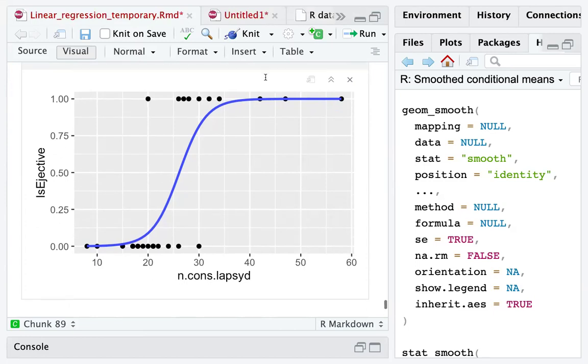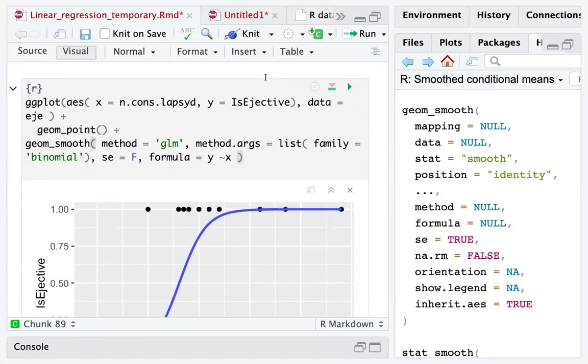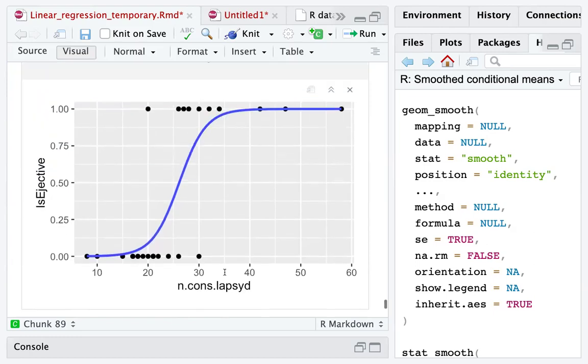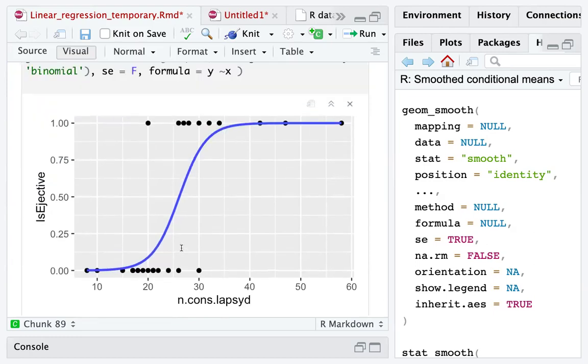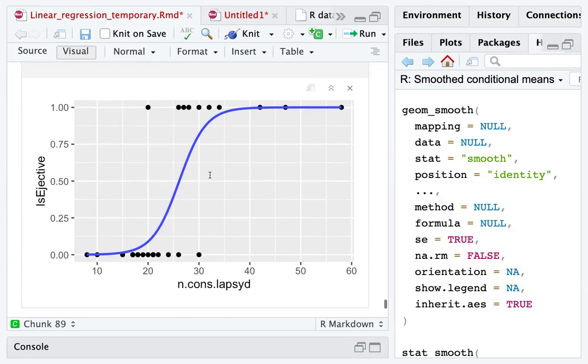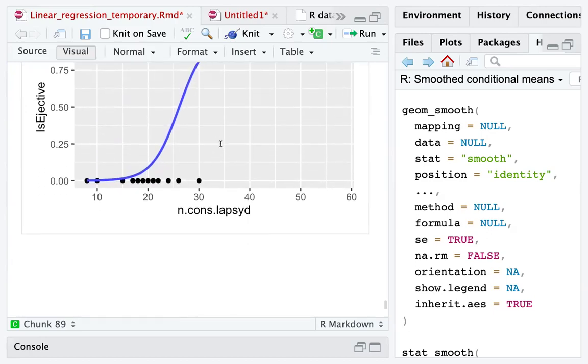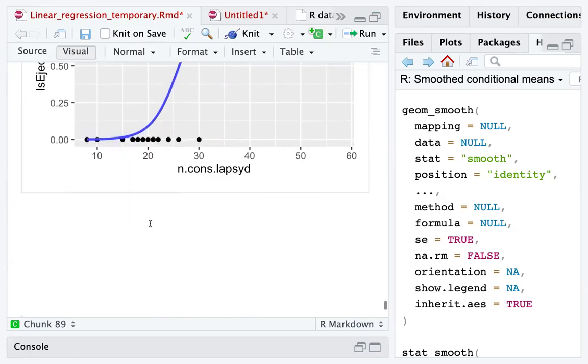Now, let's have a look. So, yes, the more consonants there are, the more the likelihood of having ejectives.